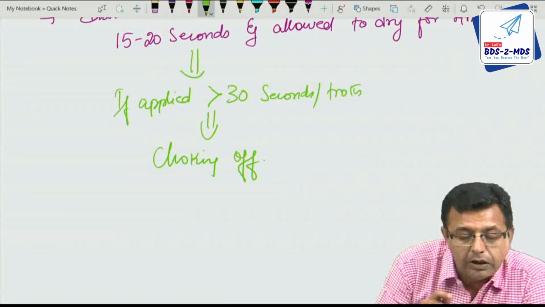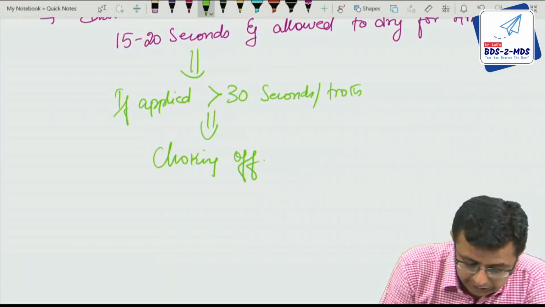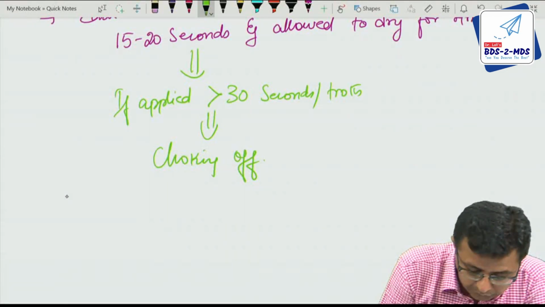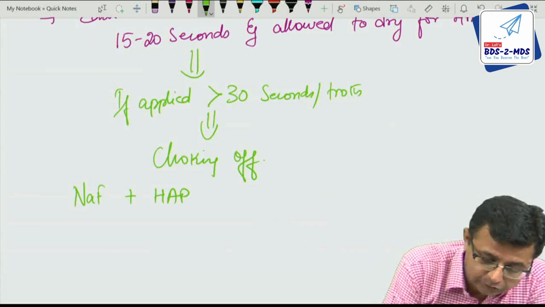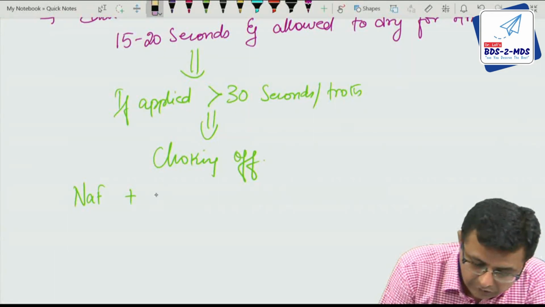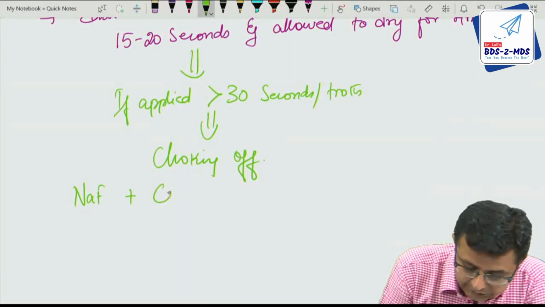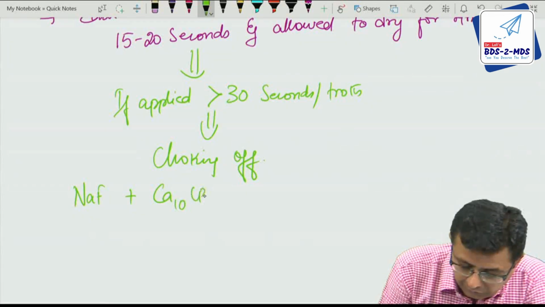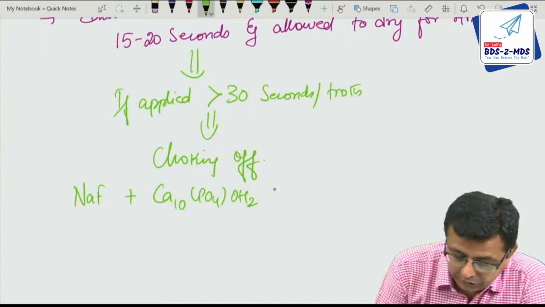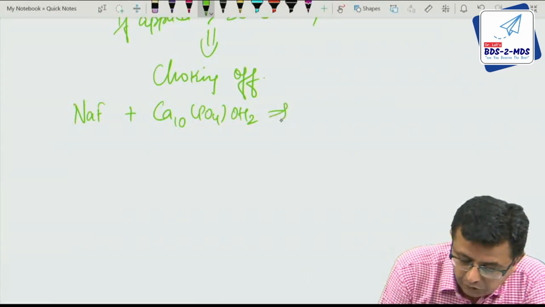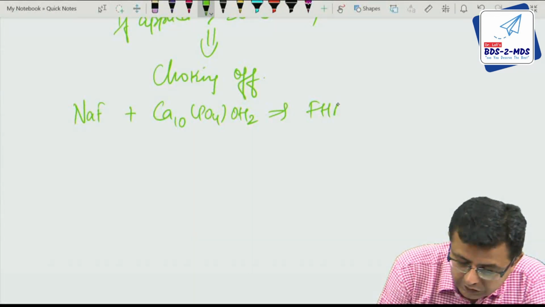Now, if you remember, in the other part of the lecture I told that whenever you apply any topical fluoride, here sodium fluoride applied to the tooth surface, hydroxyapatite contains what? Calcium, phosphate and hydroxyl ions, isn't it? So eventually it will form fluorhydroxyapatite and calcium fluoride.